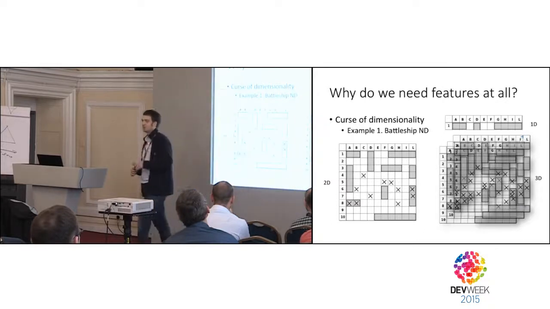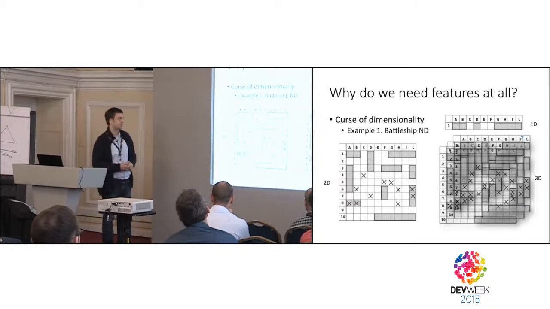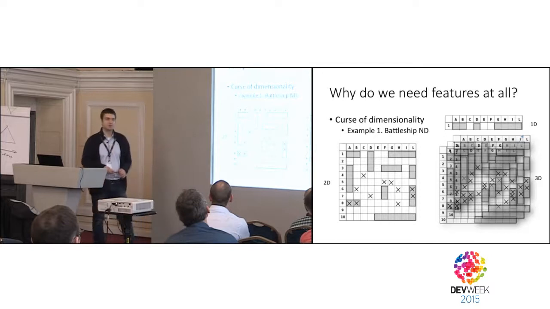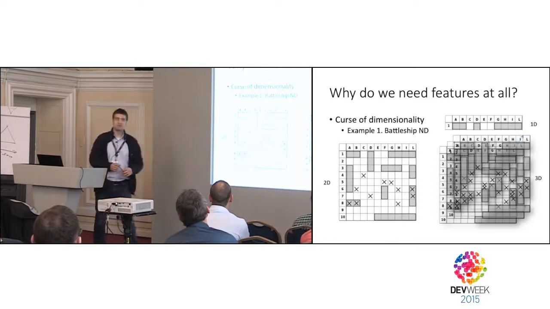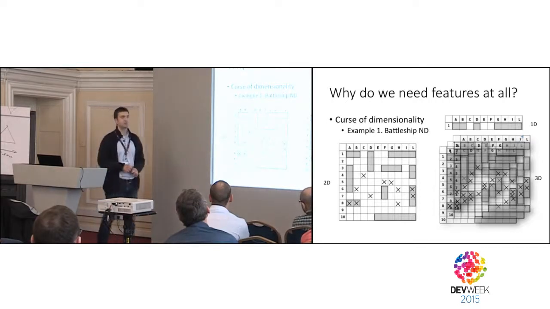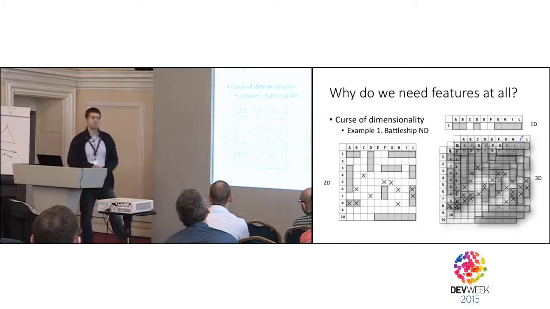This is a 10-dimensional feature space. Even if one sensor can report just binary information, it's basically 2 to the power of 10, which gives 1,024 combinations of the sensor values.